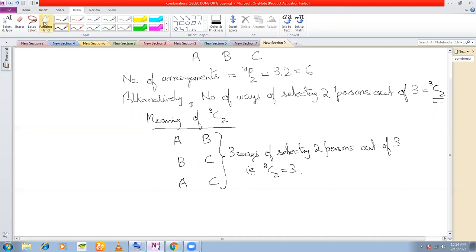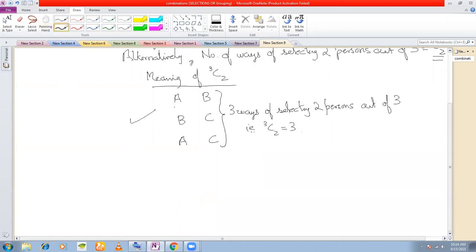Okay. Now, see this 3P2, this arrangement here. I am going to make the arrangements in terms of selection, because first we need to select, isn't it? Then we need to arrange. So these 2 can be arranged among themselves in how many ways? Factorial 2 ways, 2P2 ways.